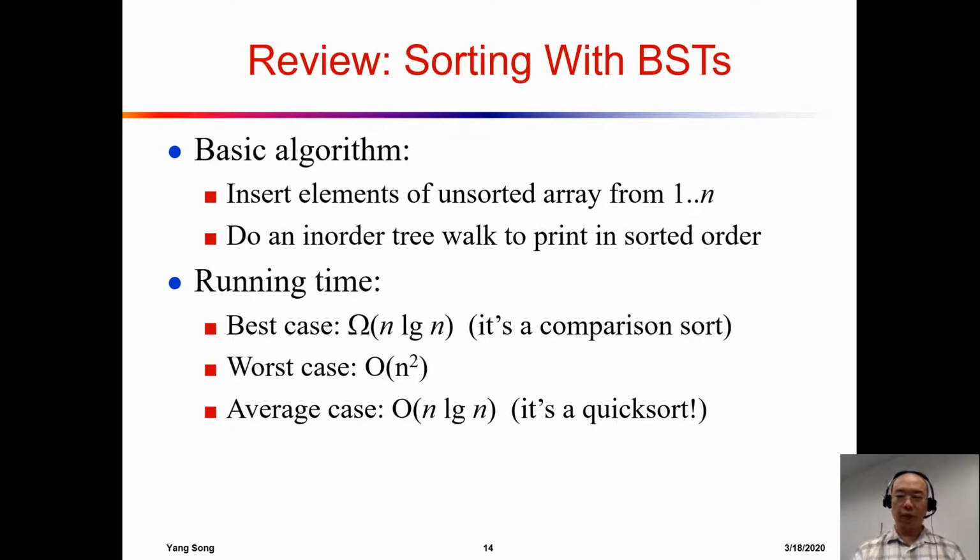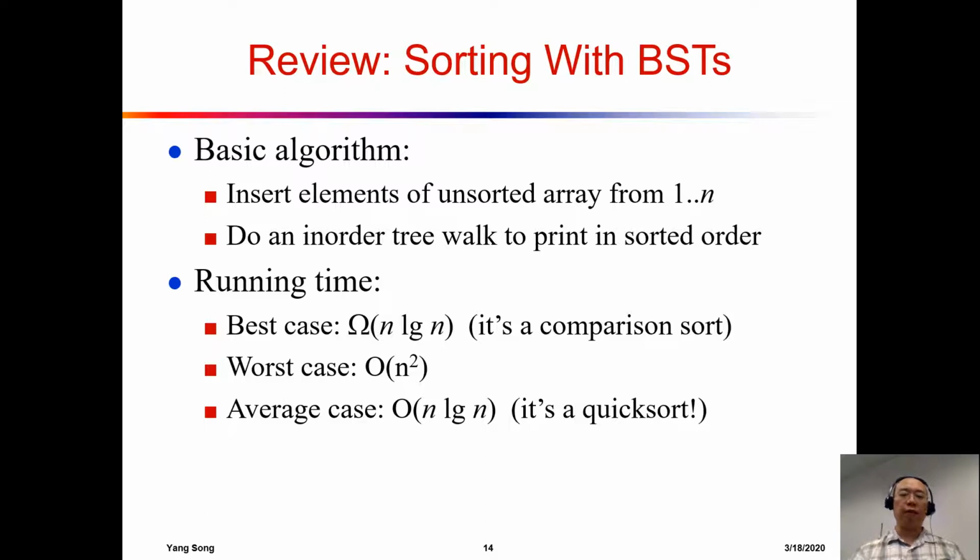So next, sorting. Sorting with the binary search tree is possible, and the reason is that after we have a binary search tree, if we do an in-order tree walk and print all the keys, you will see we are printing all the key values from small to large. In other words, we are getting all the keys sorted. So with a binary search tree it is possible to do sorting, but it's not so impressive.